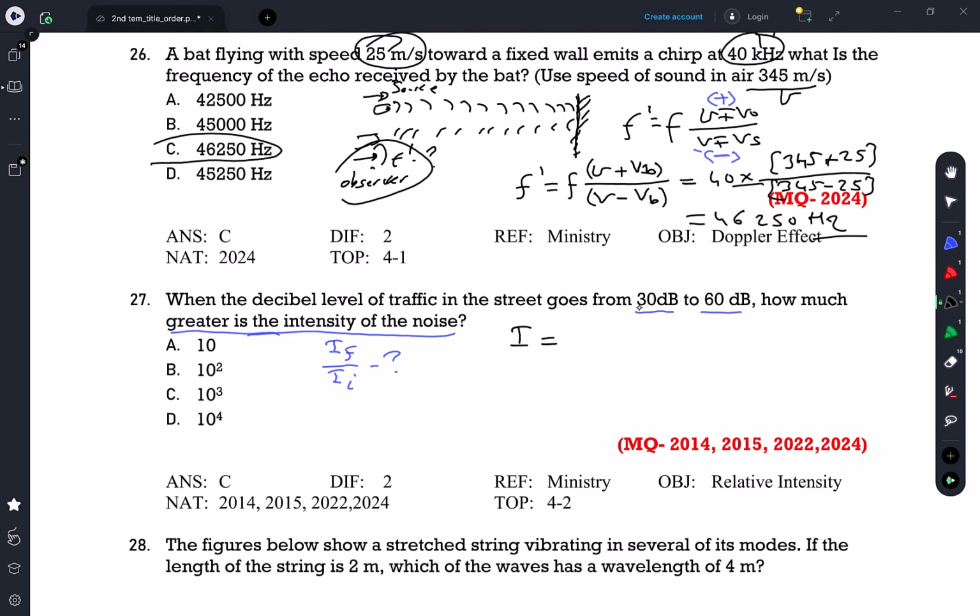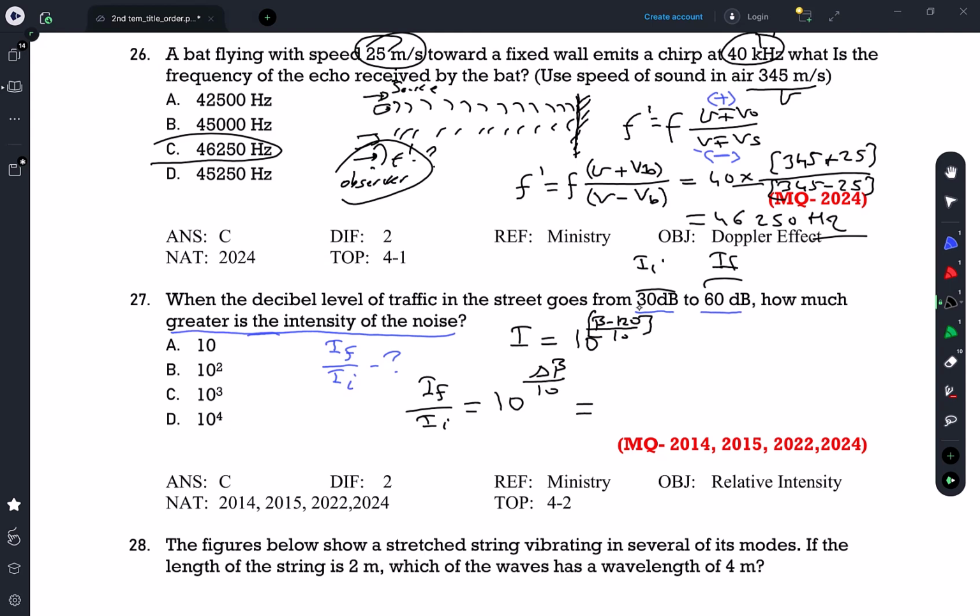It is very similar to how we calculate I from beta. I remember we did it like this, with the log: if the beta value is given, I equals 10 to the power of (beta minus 120) divided by 10. For this question, you can calculate from beta one by one, beta initial and beta final, but this is also okay. This hack is a short way for this question, always correct: I final over I initial is 10 to the power of delta beta over 10.